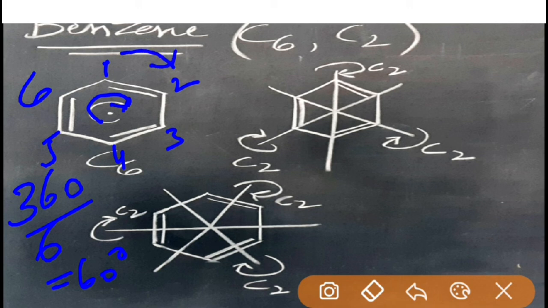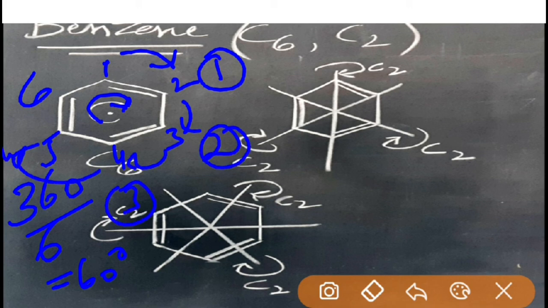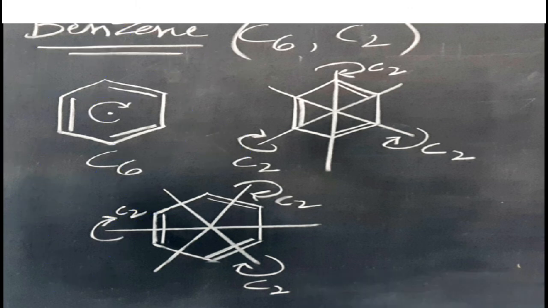This would shift here, so this would be now 1. 2 would be moving here, 3 would be moving here, 4 would be moving here, this is 5 and this is 6. But what about the final image? You are getting the final image the same as the original. So I can say in benzene a C6 axis exists.